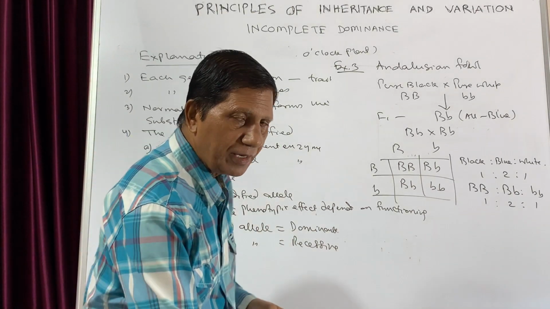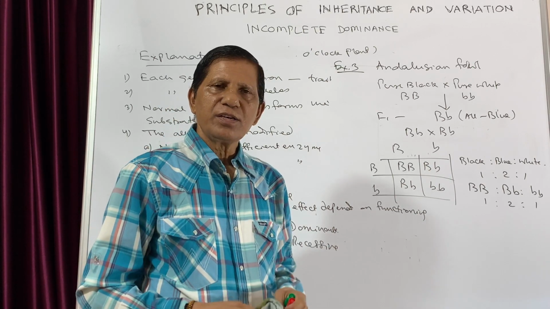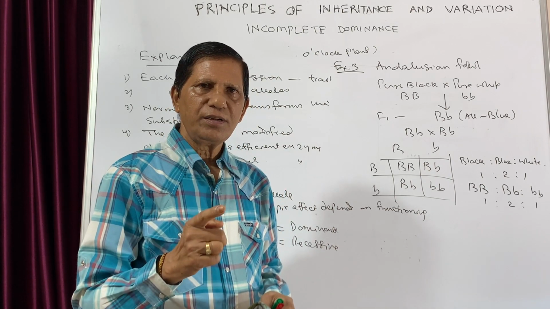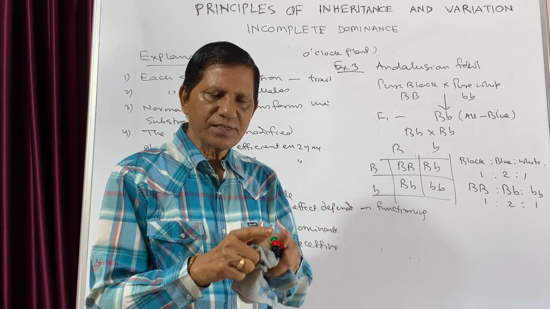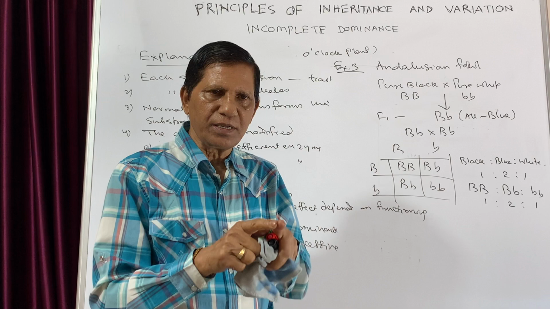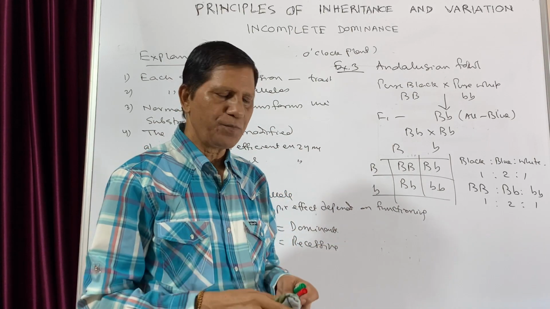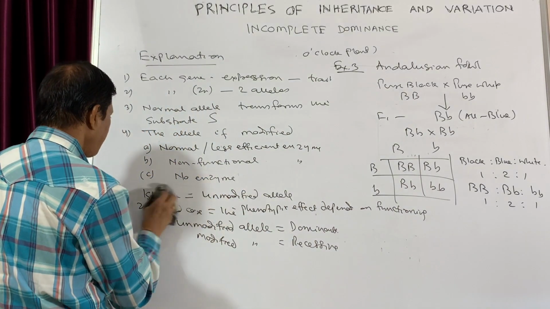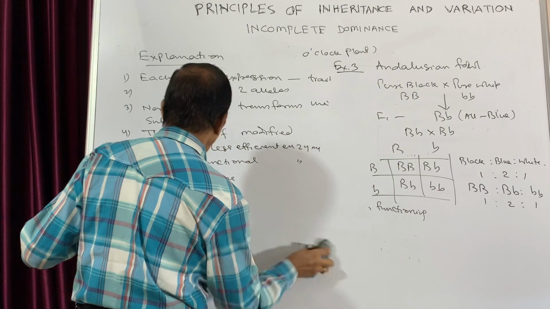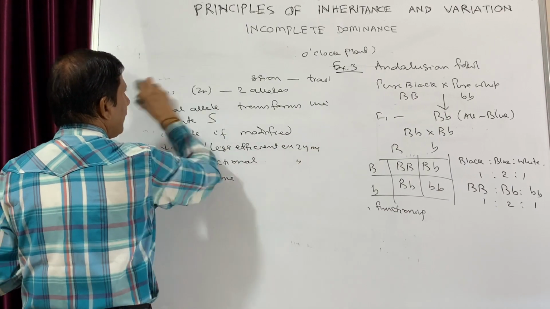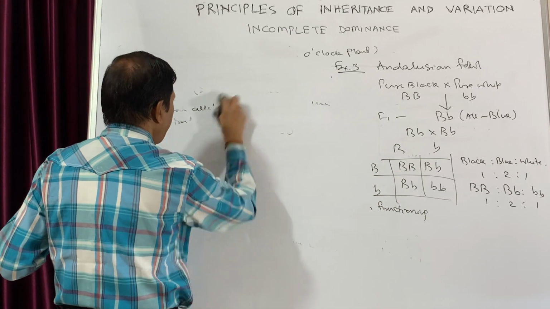Let us give one fourth example, and a more interesting one. Sometimes a gene produces a product, and this product has different effects in the same plant. Let us take the example of starch grain synthesis in a pea plant.